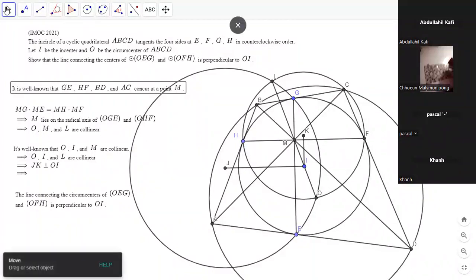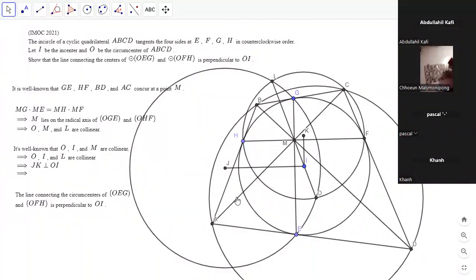Okay, by Brocard's theorem on the incircle and the circumcircle. So should I extend BC and AD and AB and CD? By Brocard on ABCD, we get OM perpendicular to the line through the two intersection points.